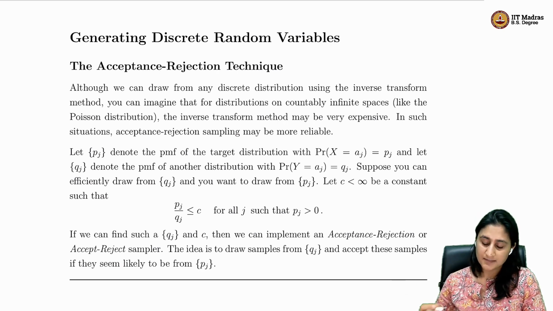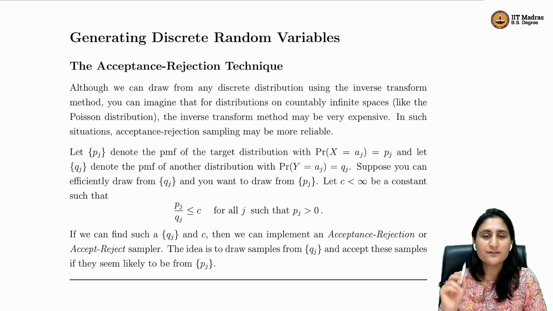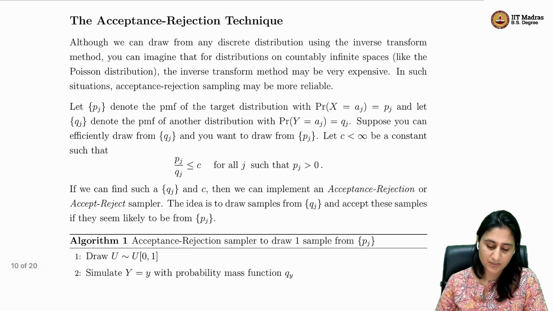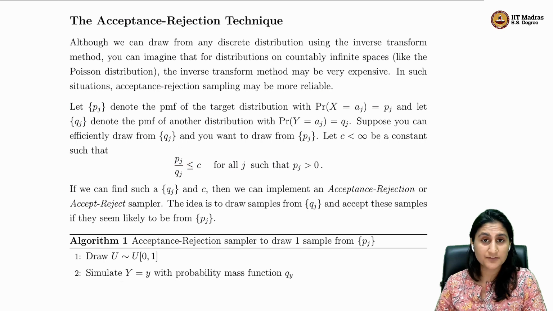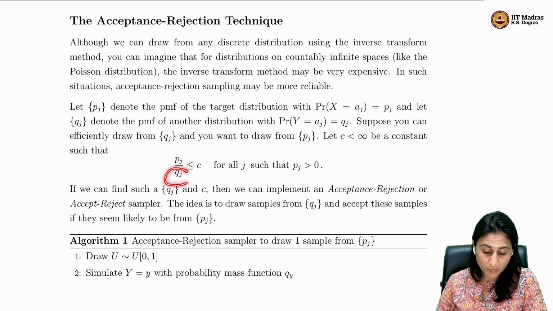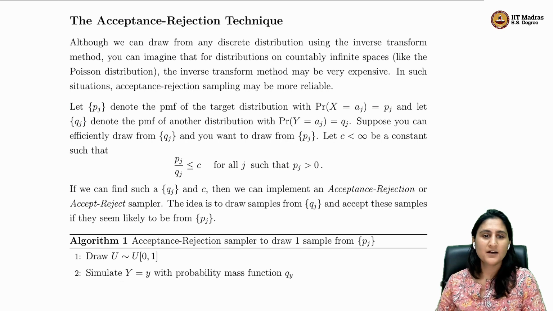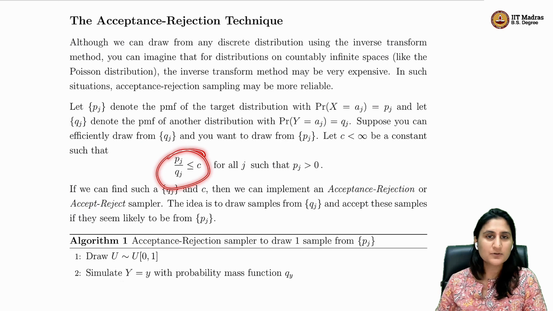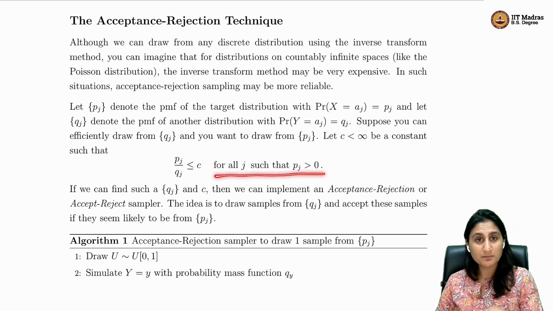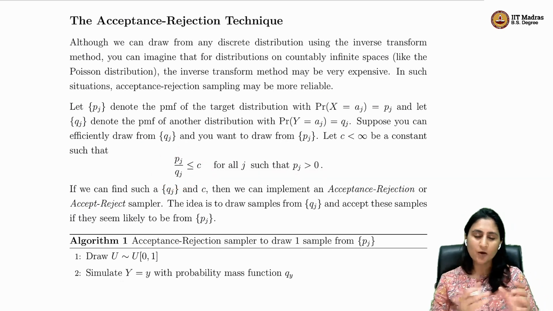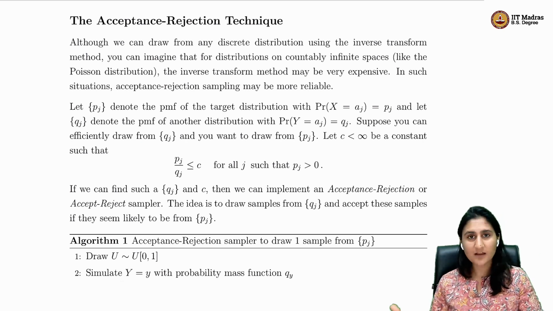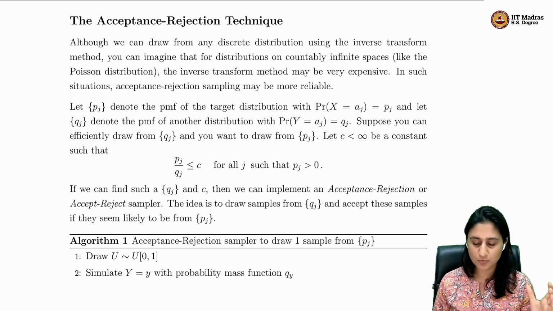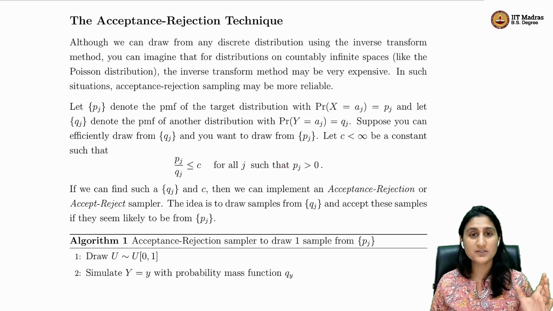Let's suppose that there is a finite constant c such that if I look at the respective mass functions, my target mass function p_j and my proposal mass function q_j, p_j / q_j is less than or equal to c for all j where p_j is positive. So I take all the states where my target random variable takes mass.